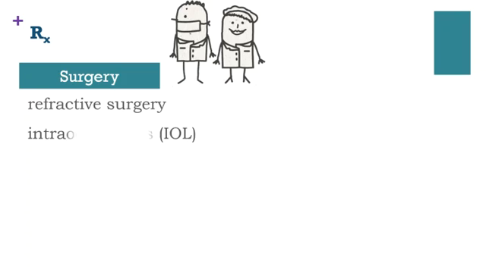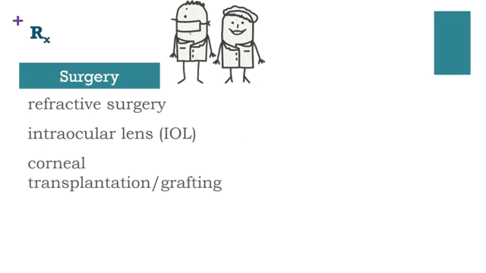In case of cataract, if visual loss is significant, surgical removal of the lens may be warranted, usually replaced by a plastic intraocular lens. Corneal transplantation, also known as corneal grafting, is a surgical procedure where a damaged or diseased cornea is replaced by a donated corneal tissue.